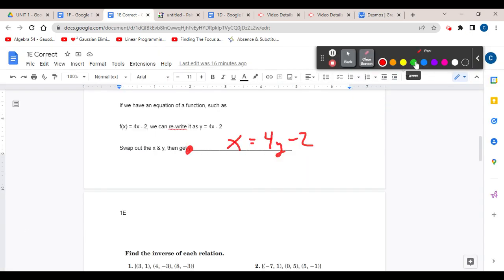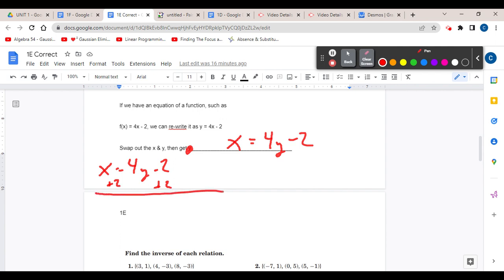If we ever have to rewrite it in f of x form, what we need to do is get y by itself. So if x equals 4y minus 2, first we add 2 to both sides.